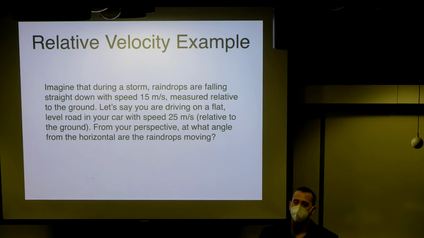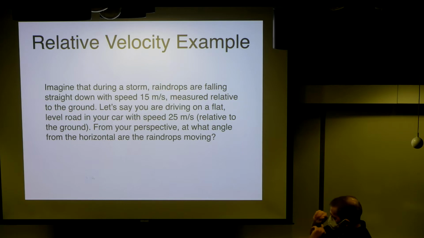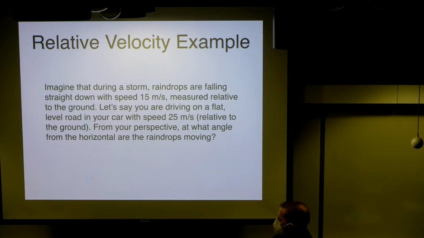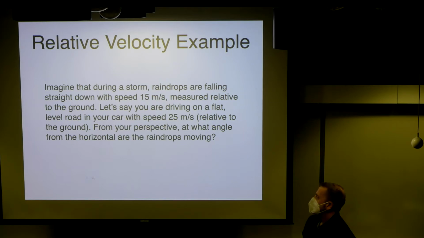So let's say that you're not just standing still on the ground, but you're driving. And you're driving on a flat and level road, so you're not going up a hill or down a hill or anything like that. And your speed is just a constant 25 meters per second. Again, when we say that, we're implicitly measuring that relative to the ground.